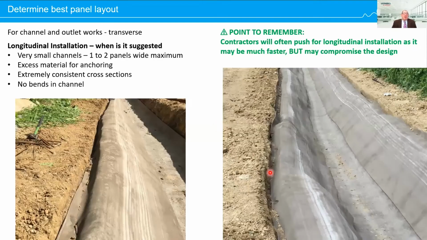Just to give an example here, this design is a channel. It was designed, installed longitudinally. You've got 2 joints hanging up on the slopes, which is not a good place to have them. As you can see here, there's minimal material to form an anchor trench. So I would limit longitudinal installations of channel lining to channels that are 1 or 2 panels wide, and there's plenty of material.